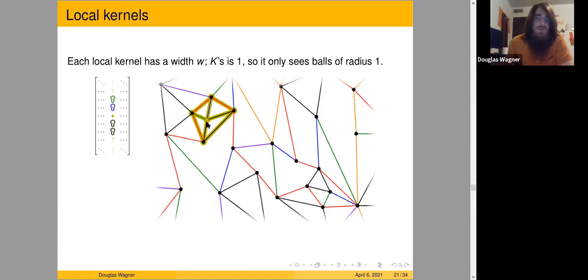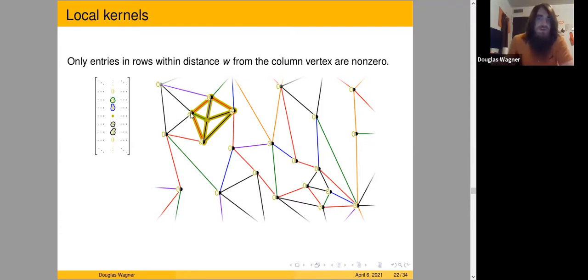So the vertices within this subgraph are the only rows in the gold column that are not 0. So K is like a banded matrix. It vanishes when far away from the diagonal.